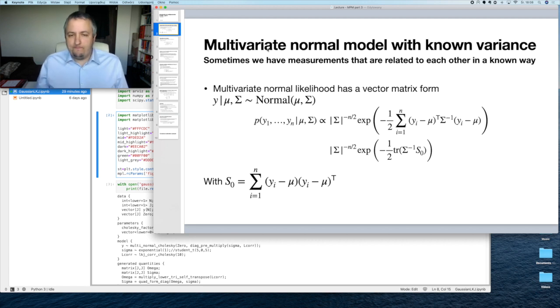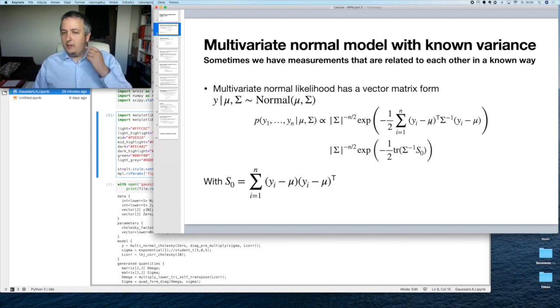In the case of the multivariate normal distribution and multivariate normal likelihood, we have the normal distribution which depends on the vector of means, or a mean vector, and a covariance matrix. And this covariance matrix is a positive definite matrix, and it is presented here in the form of a quadratic form.